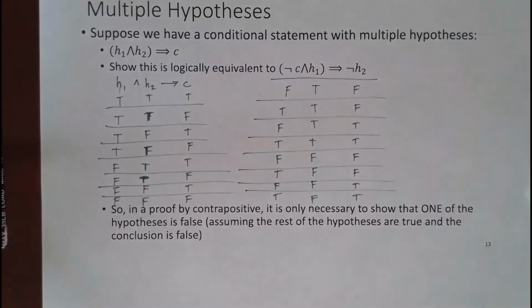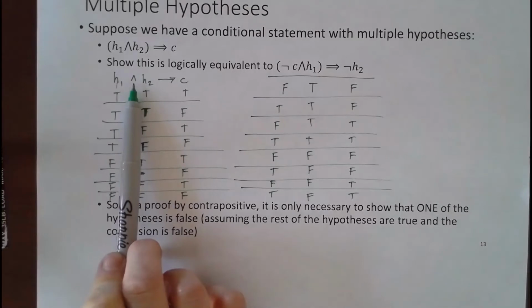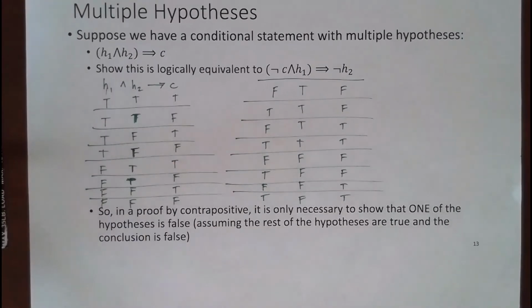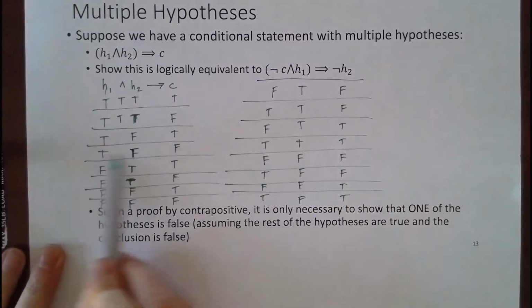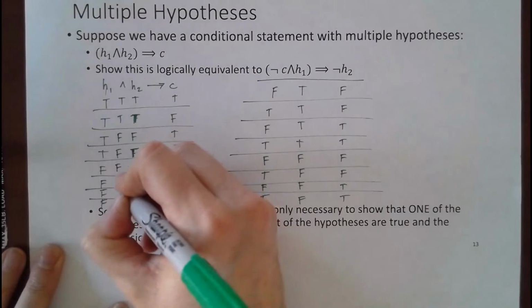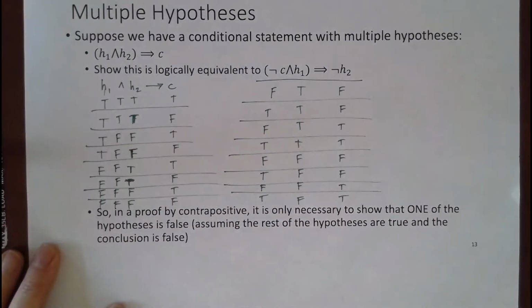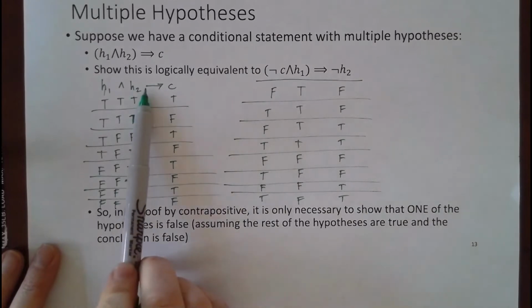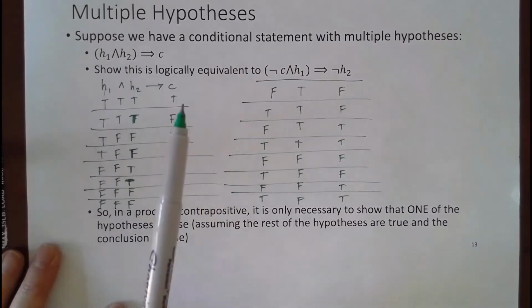Okay, so the only time a conjunction is true is when both of the operands are true. So we see that here, we see that here, and none of the rest have double trues. So the rest of them are falses. Okay, and then the only time we have a false implication is with a true hypothesis.